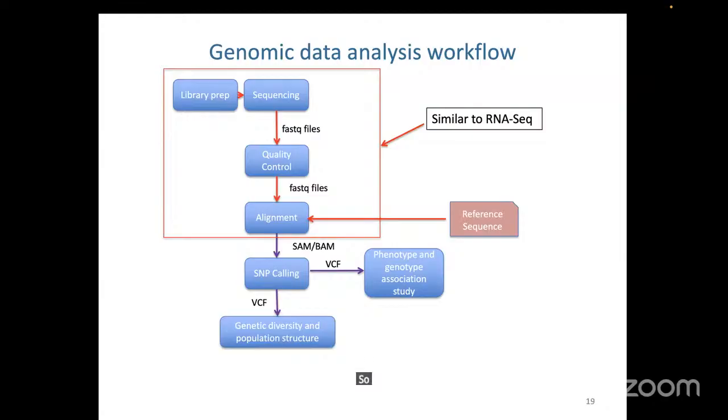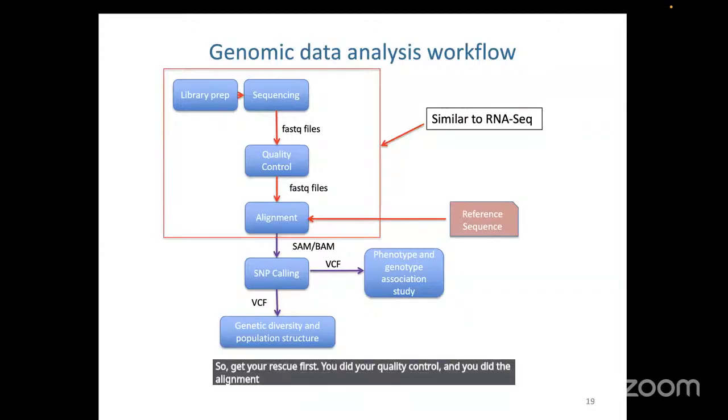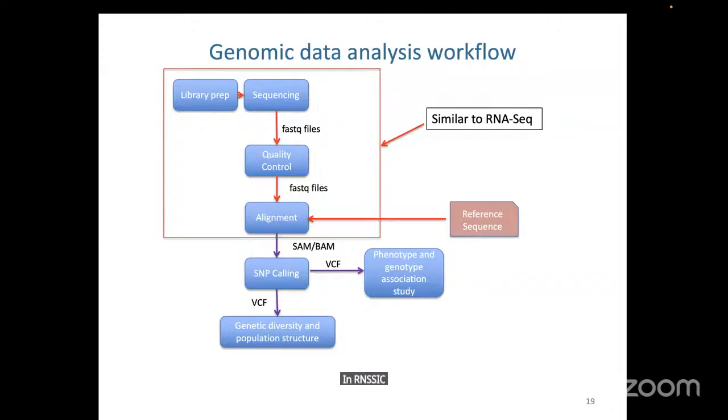You prepare your library, you send your sample, you get your FASTQ files, you do your quality control, and you do your alignment. What we did yesterday in RNA-seq is the same thing when you get your data for genomics, up to alignment.